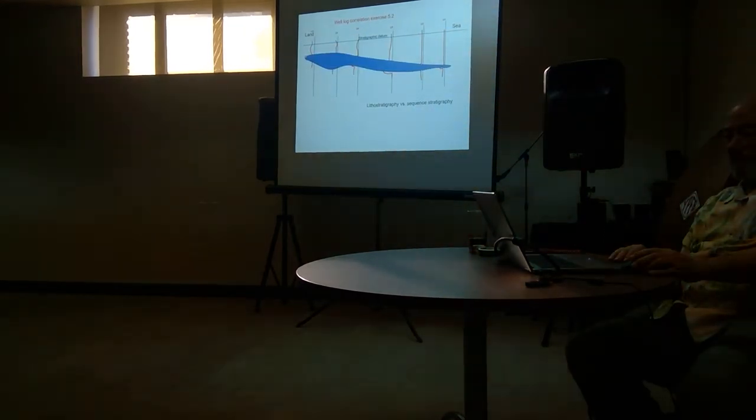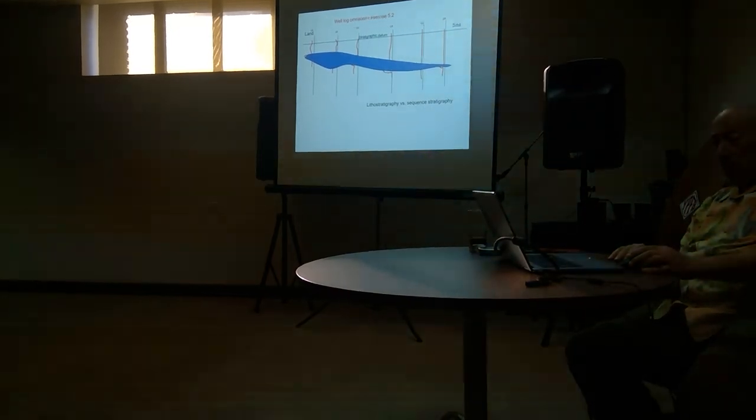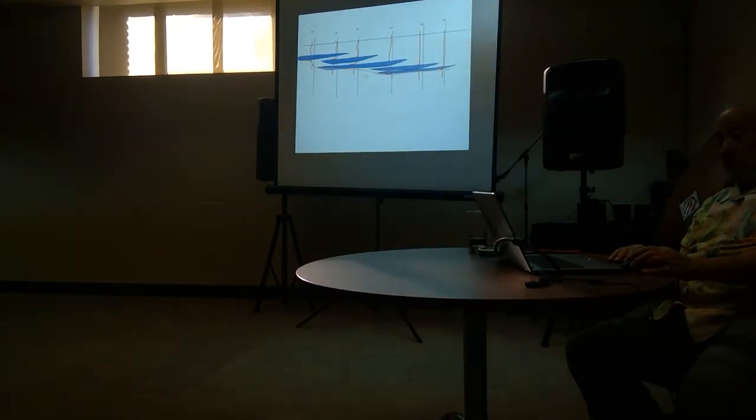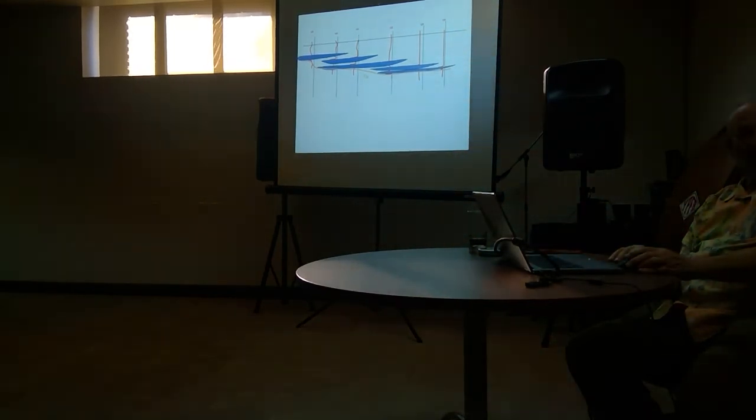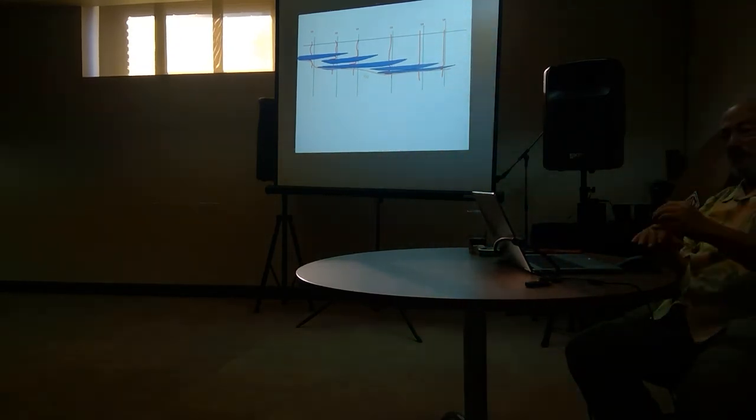You're interpreting this as one continuous sand body, okay? If you use this interpretation, you're saying that there are several different sand bodies that are not connected. So a fundamental difference between the two. So you want to be sure to think about that.